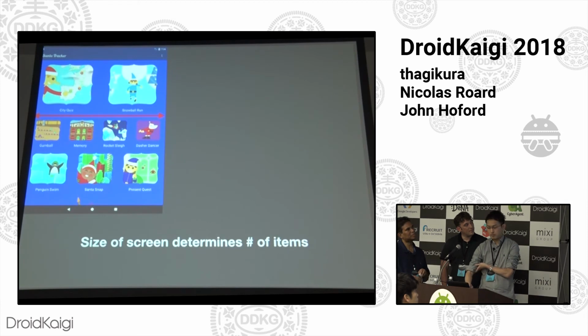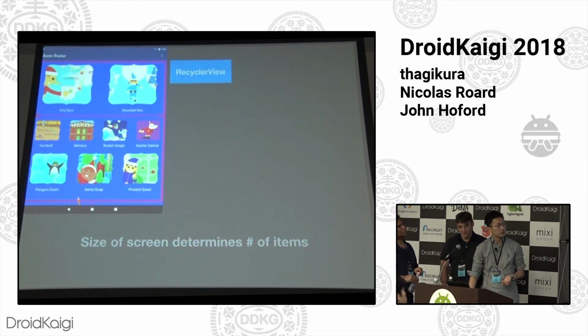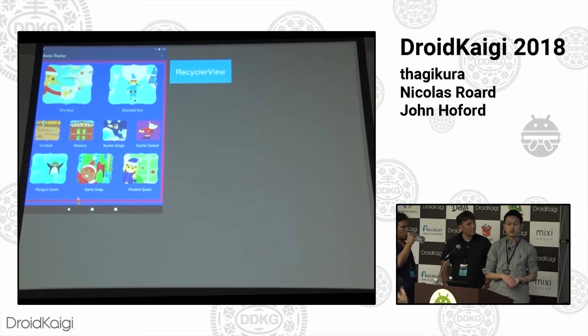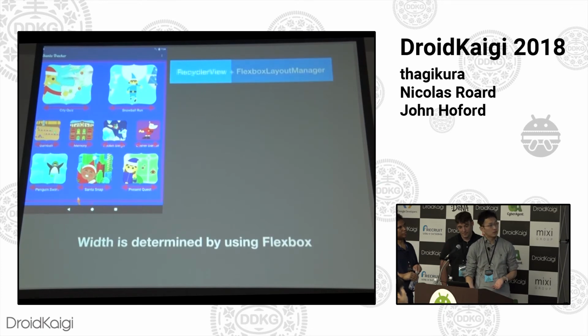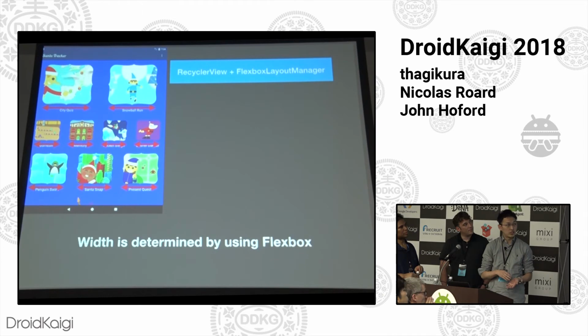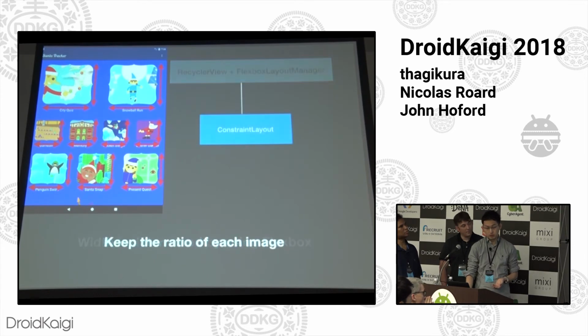Like this. Then we decided to use RecyclerView for its container. And we used the Flexbox to determine the width of each item. But we still keep the aspect ratio of each image. So we use the ConstraintLayout to wrap each view holder to keep the ratio of each image.